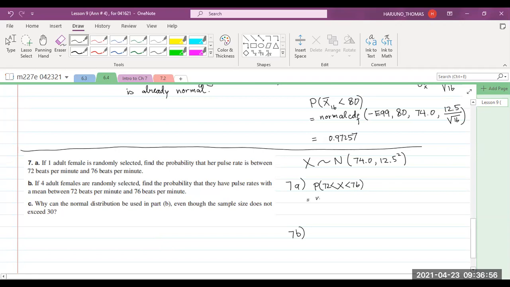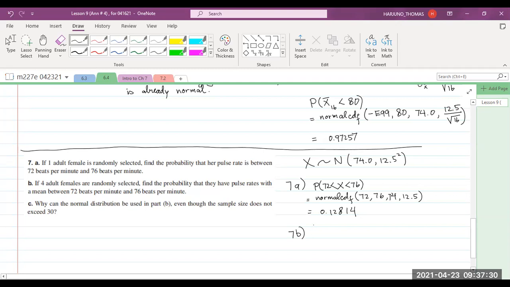That is normal CDF, lower bound 72, upper bound 76, the mean 74.0, and then the standard deviation is 12.5. And according to my calculator, that will be 0.12814.